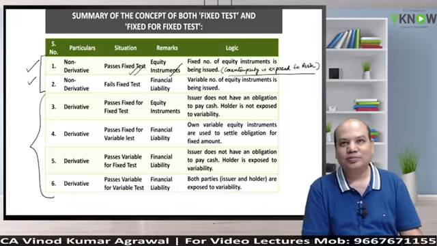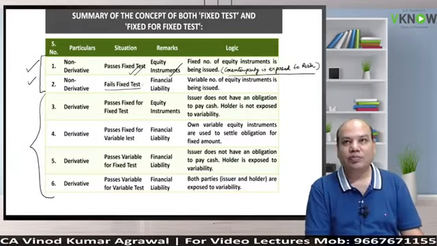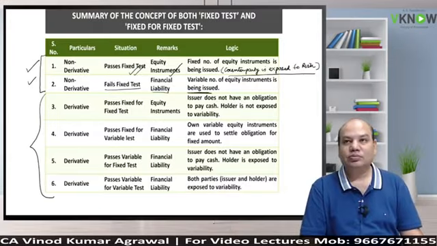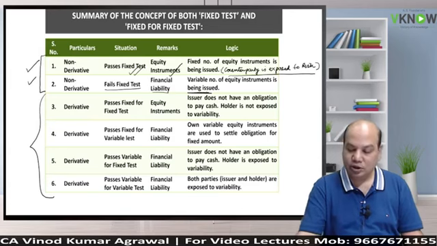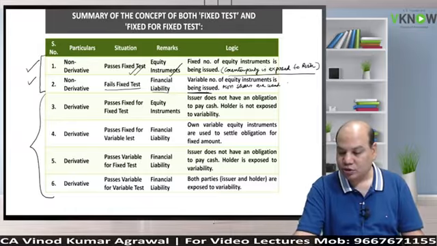Am I right? But if it fails the fixed test, meaning the number of shares issued is variable, it's a financial liability. Here our own currency is being used to settle the liability. So here the logic is, own shares are used as currency.